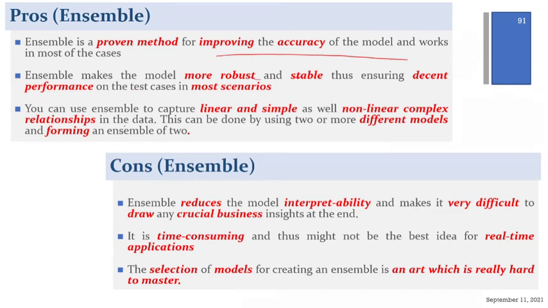We also say that you can use Ensemble to capture linear and simple as well as non-linear complex relationships in data, which we can do by using two or more different models to form the Ensemble. It's usually advisable that when you are forming your Ensemble, try to use different classifiers so that the Ensemble can take advantage of the different background, different learning principle of each classifier, the diversity that you're trying to explore.